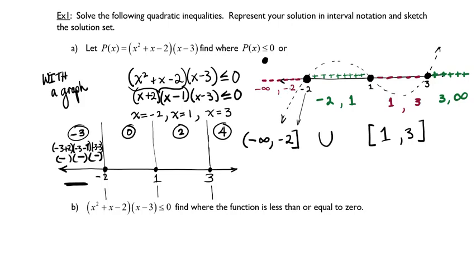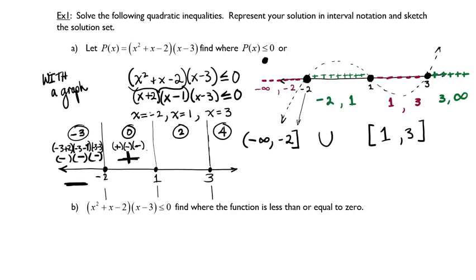And if you compare that with what I had up above, it matches. Now I'll plug in 0. If I plug in 0 for x plus 2, I will get 2, or a positive. 0 minus 1 is negative. And 0 minus 3 is negative. When I multiply those together, I will have a positive overall result.